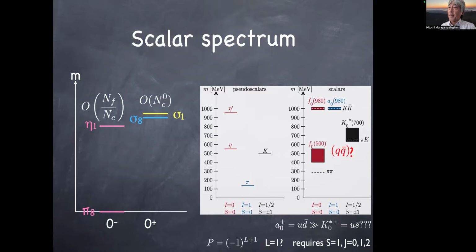And then you're talking about the spin of quark anti-quark combining to spin 1, orbital angular momentum 1, that gives you total spin of 0. But then that should be accompanied by also 1 plus 1 giving you 0, 1, and 2 of total spins. And we don't seem to see these states either. So to make everything consistent, these states cannot be understood as a q q bar state, but rather a tetraquark state or meson-meson molecule.